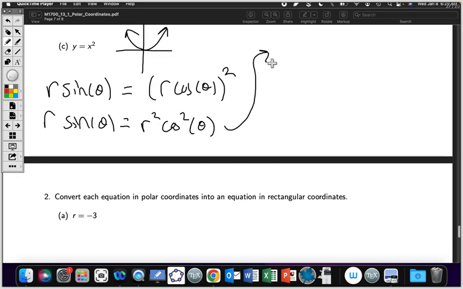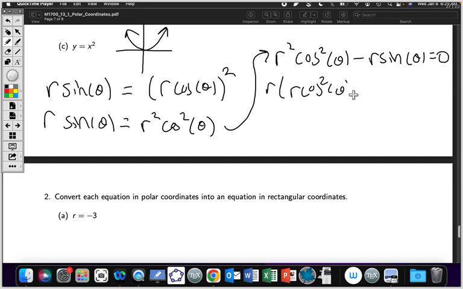And so once again, we can subtract things over and factor the r out. So r squared cosine squared theta minus r sine theta is 0. Factor the r out. R times cosine squared theta minus sine theta is 0. And so we're always getting back to r equals 0 again, which we know isn't the end all and be all of this, because that just would give us the vertex there at the origin.